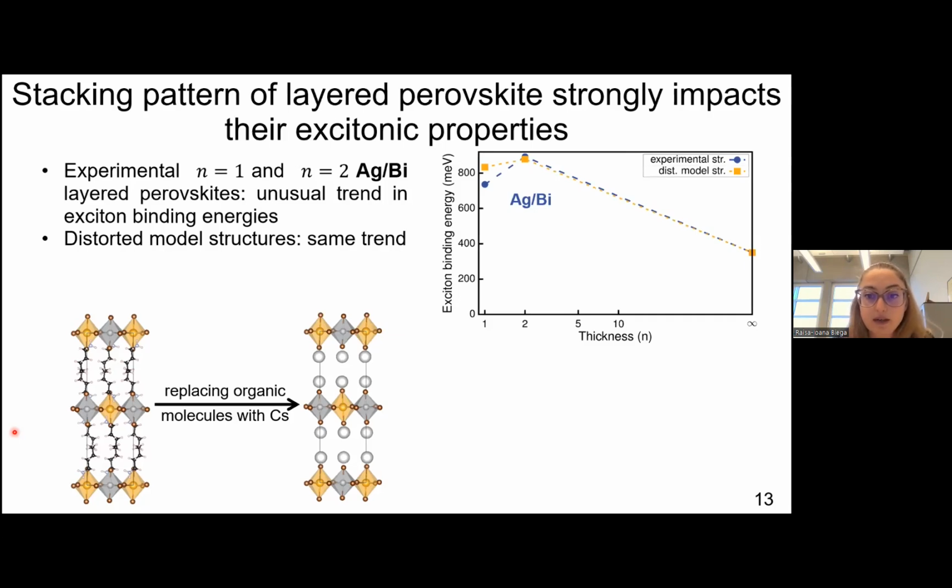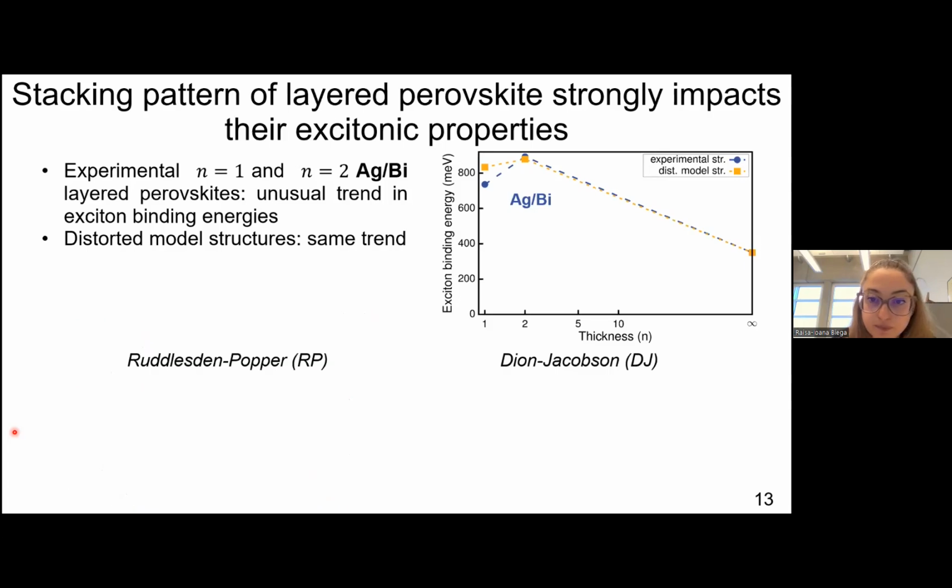So we have again the exciton binding energies for those model systems. But again, the trend is not the one that we expected. Of course, the absolute values are a bit different, just because the dielectric environment is a bit different, but that would not explain the increase of the exciton binding energy.